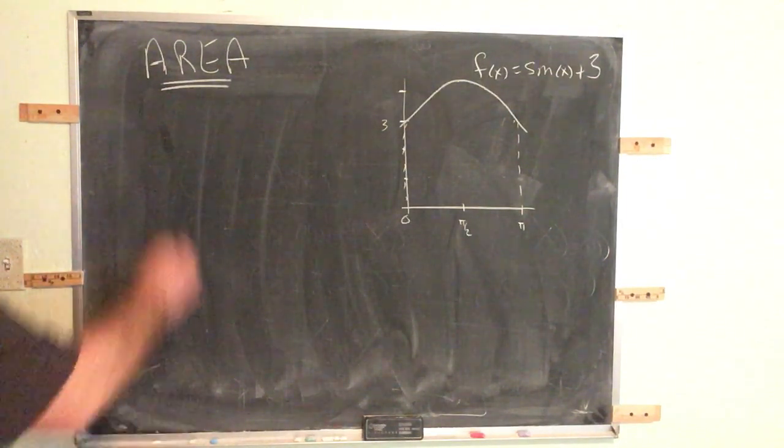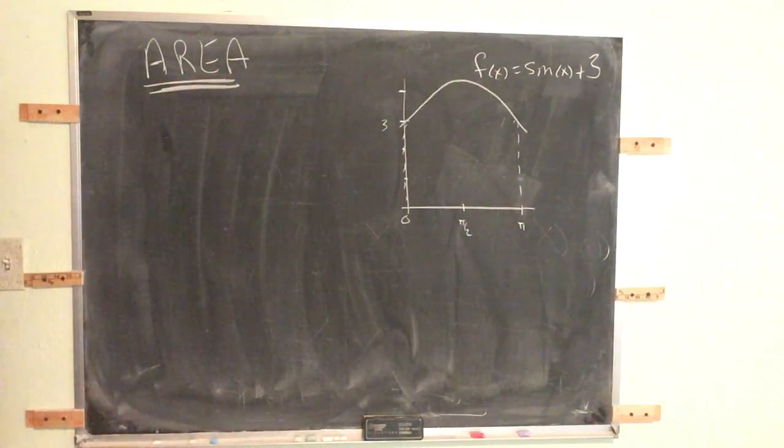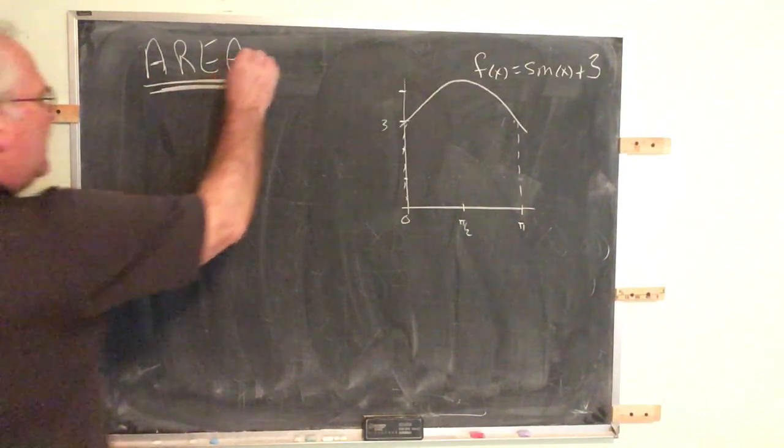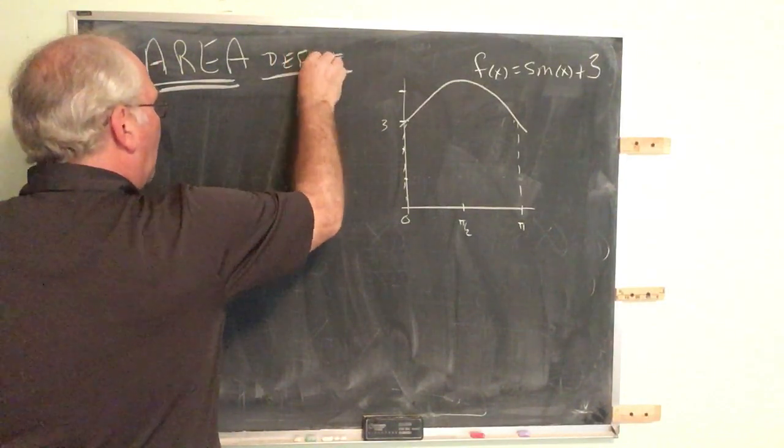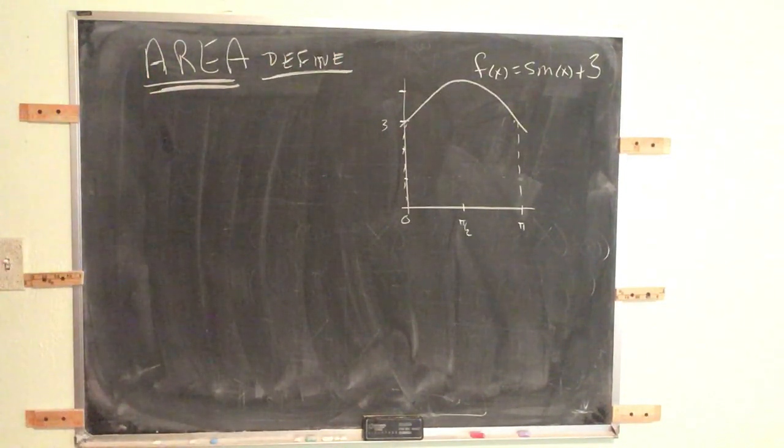And so, we've now come to this notion of area. We are going to define what we mean when we say area. What is the area of a region? Well, it is this.